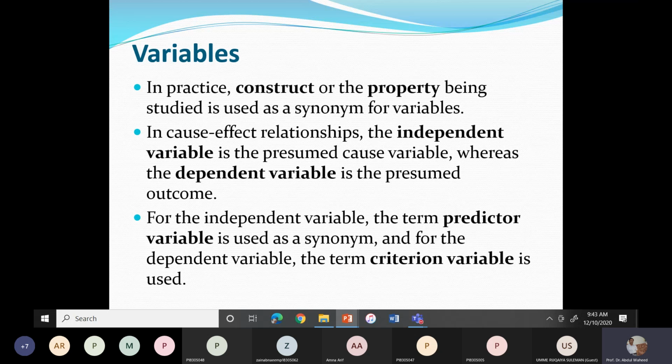Just like if you make a regression model, then you have a dependent variable and then you have independent variables, and with independent variables parameters are attached, and then with some techniques we estimate these parameters, and with the sign and magnitude of these parameters we can say the effect and the extent of relationship. Okay. So independent variables are also known as predictor variables, and the dependent variable is also known as criterion variable.